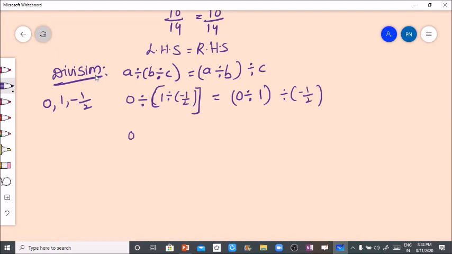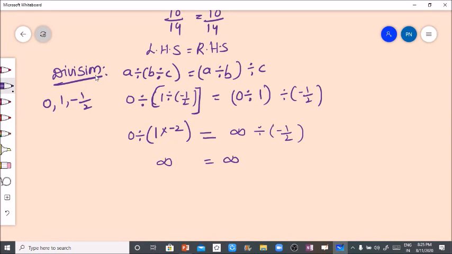Okay, 0 divided by 1, divided by minus 1 by 2. Divided by can change into multiplication, then 2 by minus 1, that is minus 2. 0 by 1 is not defined, infinite, divided by minus 1 by 2. Here 0 by anything is infinite. Here also infinite.